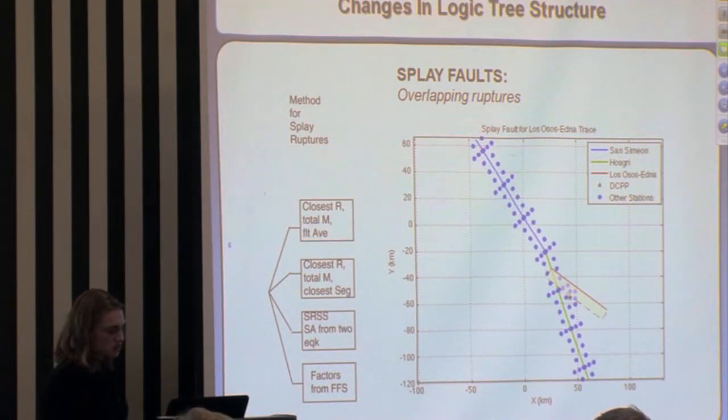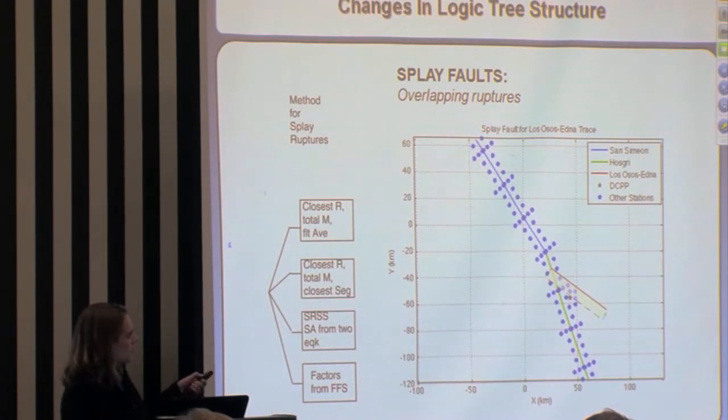In this case, it would be the splay. And then we could use fault parameters, dips and rakes, that are averaged along this entire fault, or we could use the dip and the rake of the nearest segment. So we'll end up with different ground motions in either case.